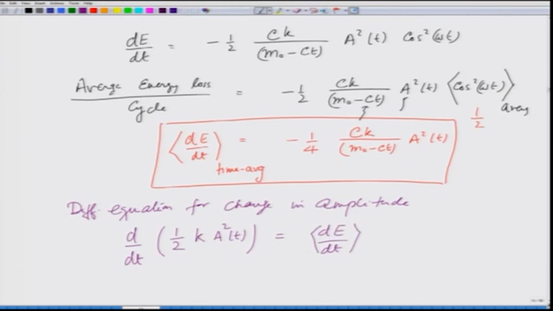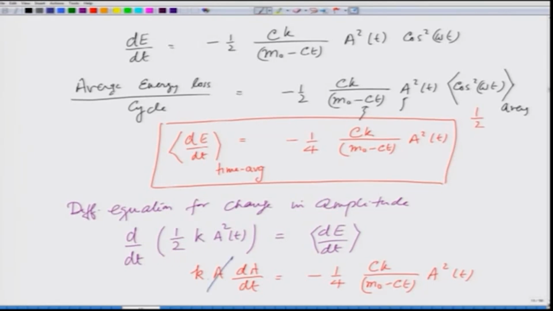And therefore, this differential gives me k A dA/dt, which is equal to minus 1/4 c k over m naught minus c t, A squared t. I can cut a few terms on the two sides.